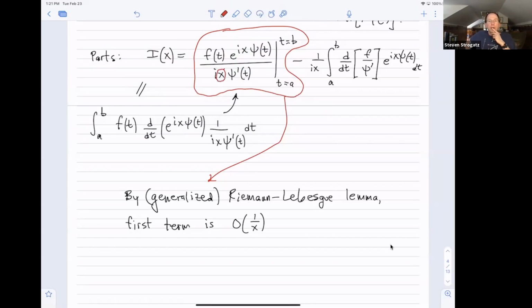And the second term is little o of 1 over x.